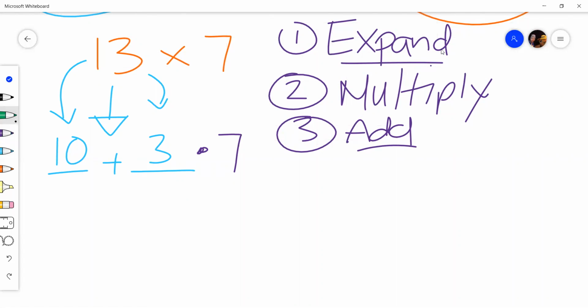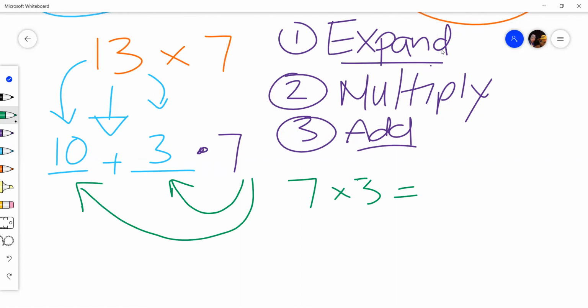We're going to take our 7 and multiply it by the ones place, so what's 7 times 3? Then we're going to multiply it by the tens place, so what's 7 times 10? Solving those 2 problems will get us the same thing as 7 times 13.